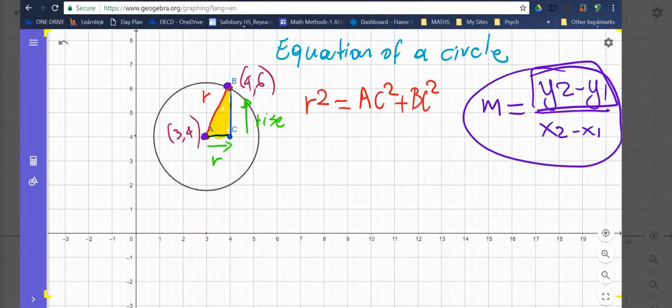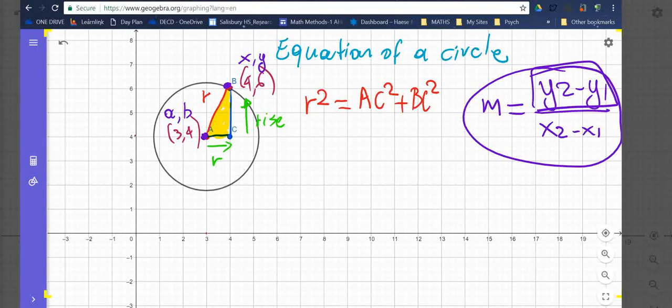So in this case, I want you to remember that we call this x and we call this y. And the center of the circle, we don't call it x1 or y1, we call it a, comma, b.